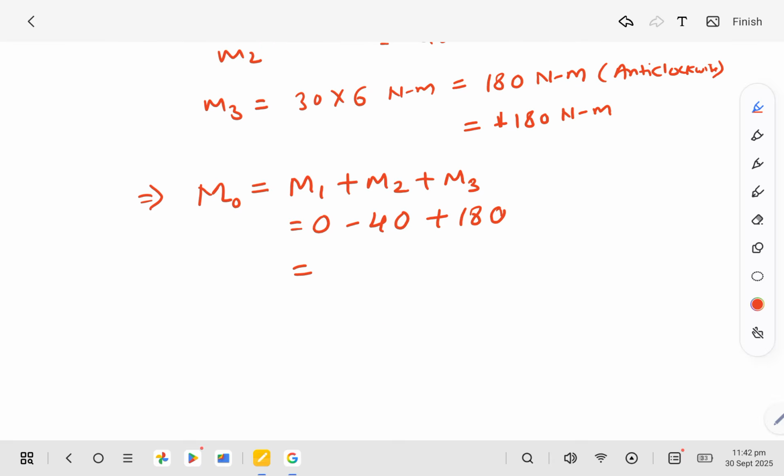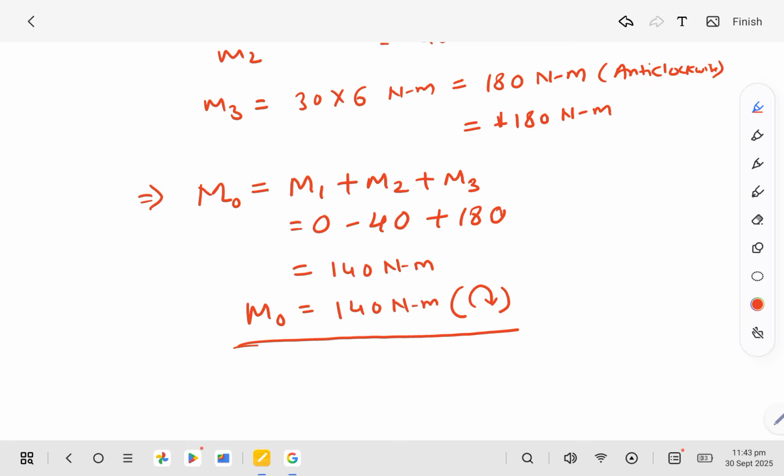So 140 Newton meter, and this is a positive value. We can write the direction is anti-clockwise. So this is the moment of forces acting on this object.